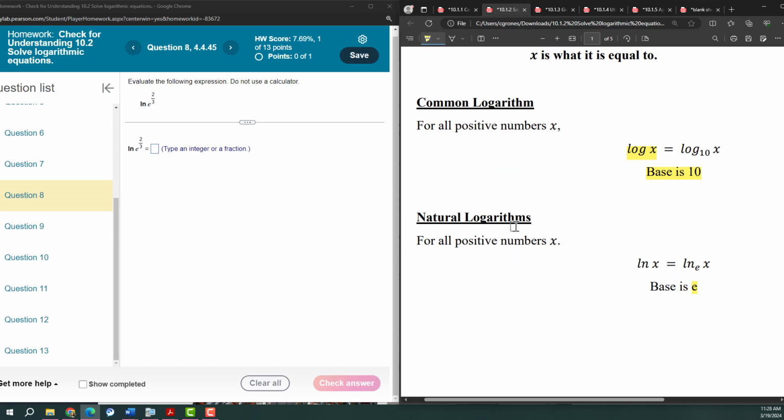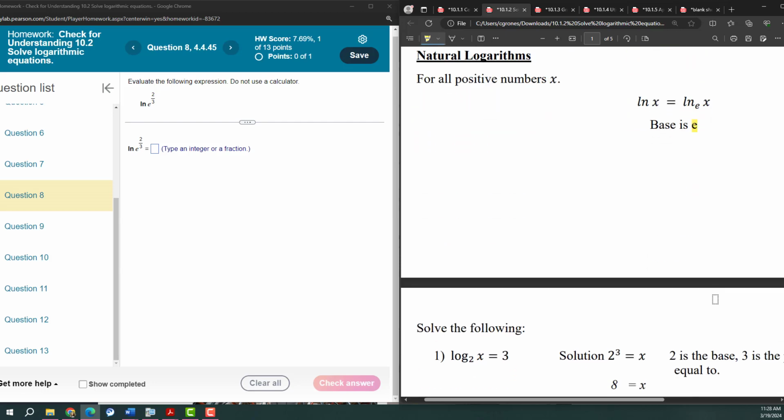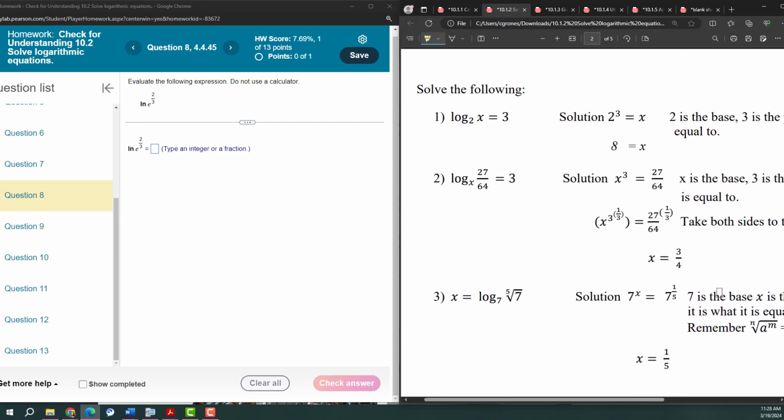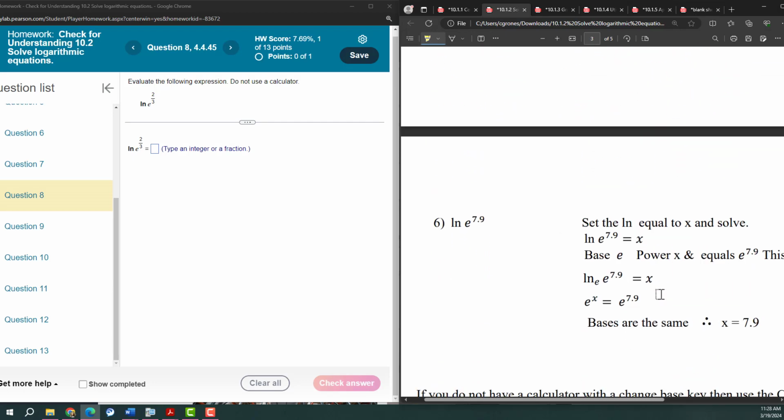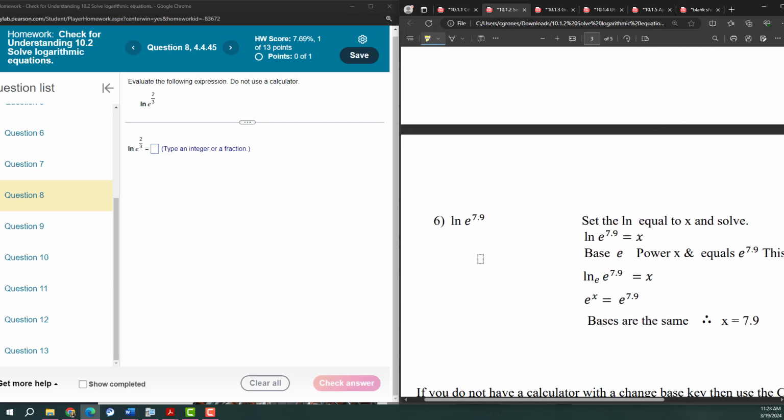So for natural logs, you have ln of x equals log with the base of e of x. So your base is e. So if you look at the example for the natural log, whenever you have ln of e to a certain power, then x is going to equal that power.